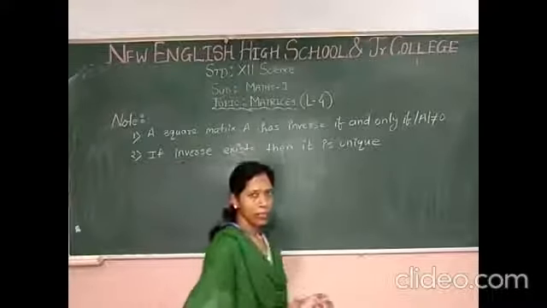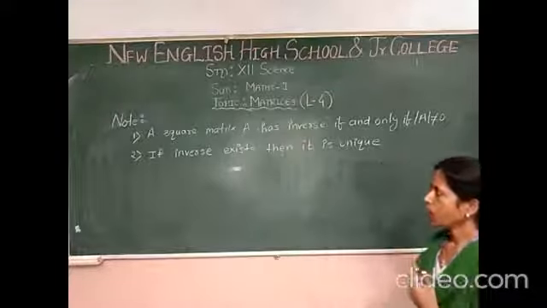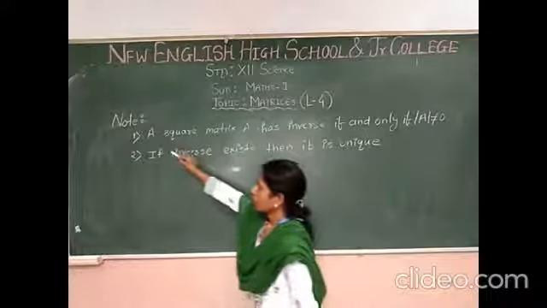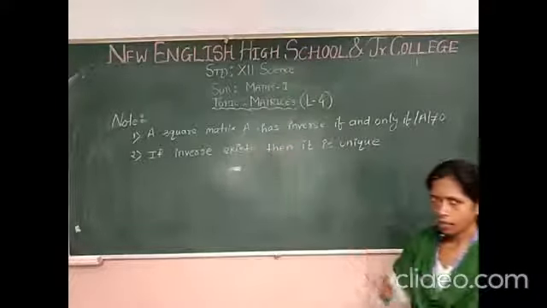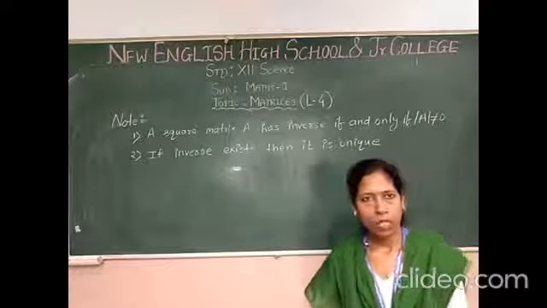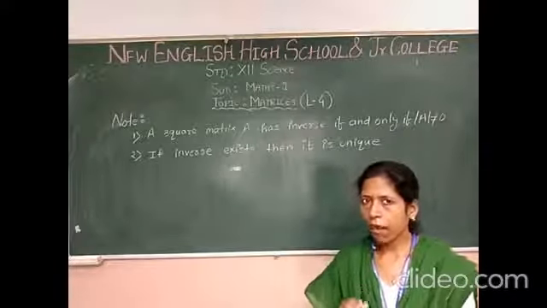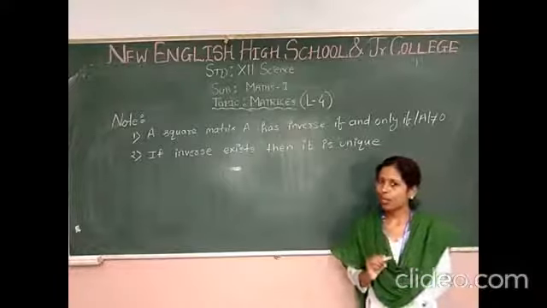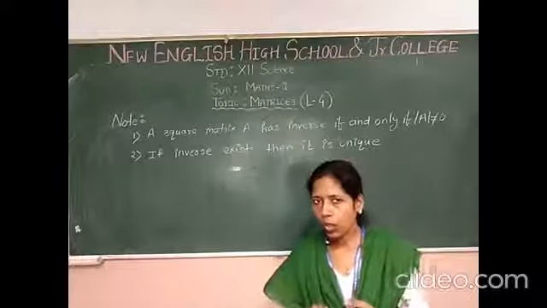Now children, please note down these two points. Point number 1: a square matrix A has inverse if and only if its determinant is not equals to 0.